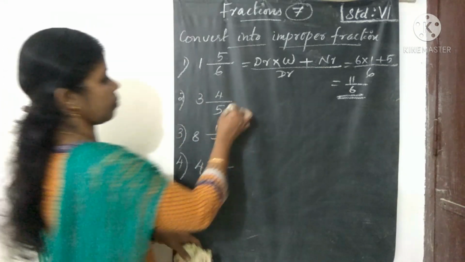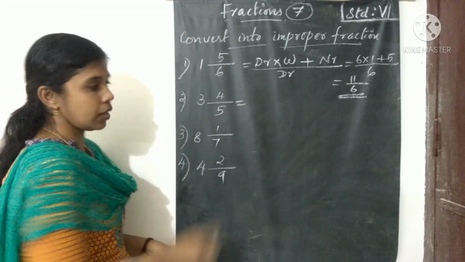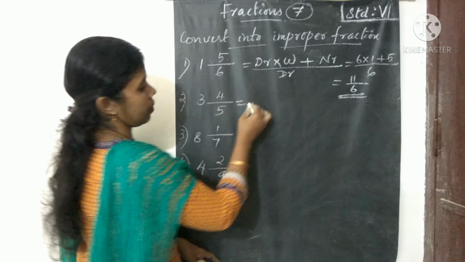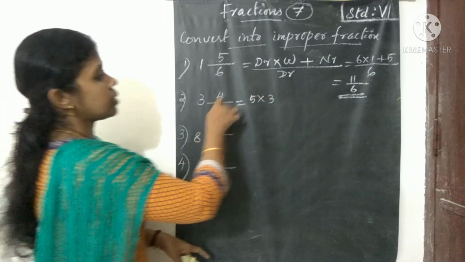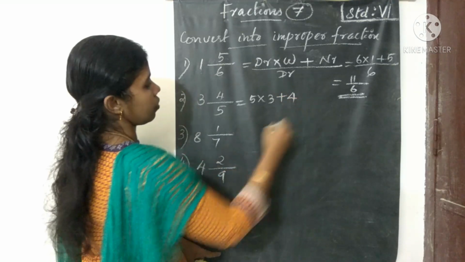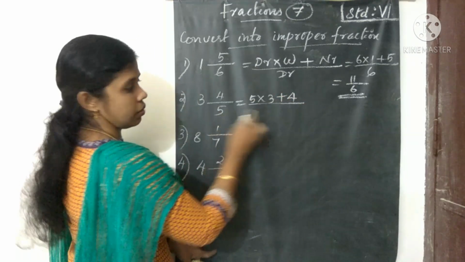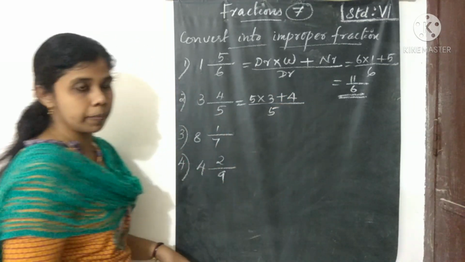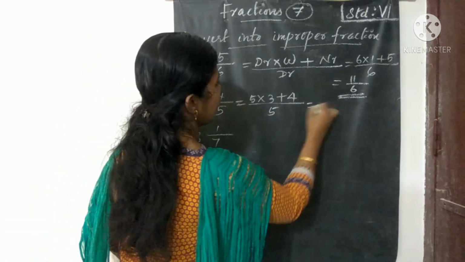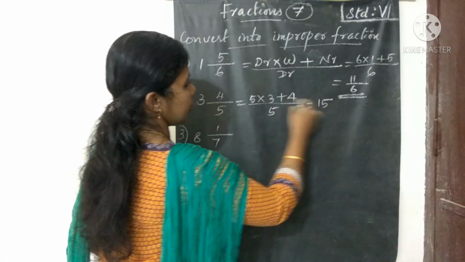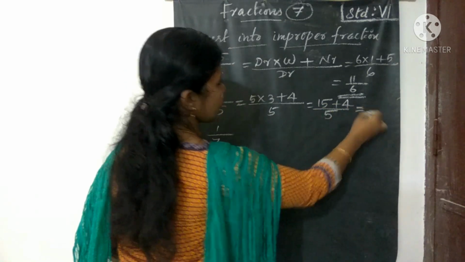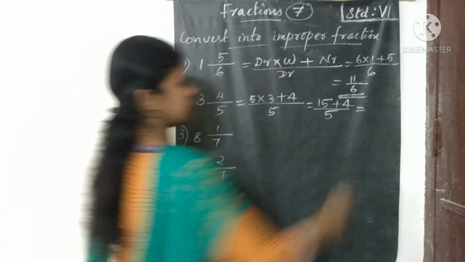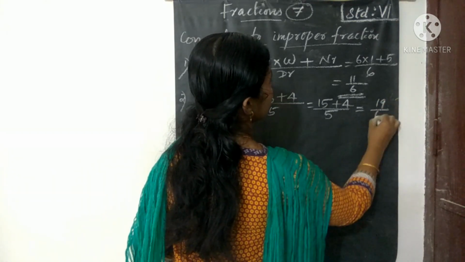The next question. Here also multiply denominator into whole number part. So 5 into 3 plus numerator 4, divided by its denominator. 5 threes are 15. 15 plus 4 is 19, so 19 by 5.